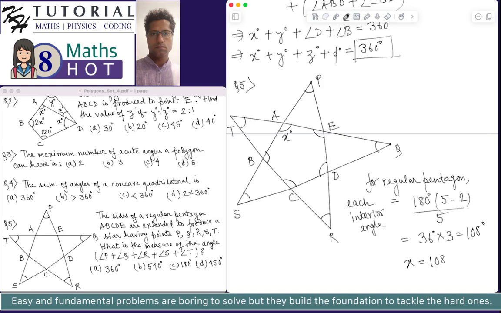Now, how do we find the sum of the angles P, Q, R, S, T? Now we can see that these are all triangles that have been created. Somehow we have to use the angle sum property. How many triangles are created? There are 5 triangles. Since there are 5 sides of a pentagon, 5 triangles have been created, one on each side.